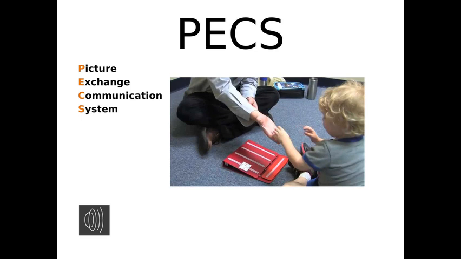Children on the autism spectrum, particularly nonverbal students, were the ones this program was essentially created for in the first place. It was developed in 1985 at the Delaware Autism Program by Lori Faust and Andy Bondi, two clinical speech pathologists. The whole point of the system was to teach functional communication skills with a focus on communicating spontaneously.